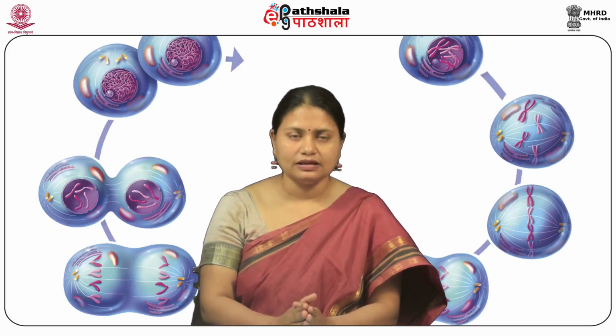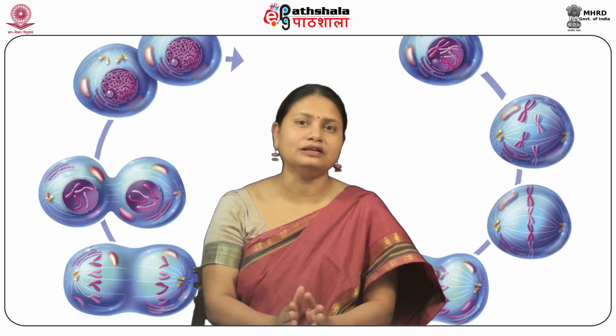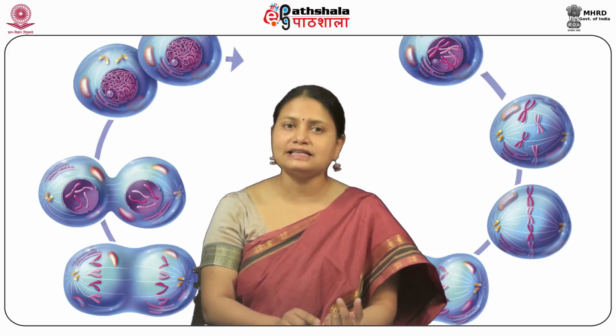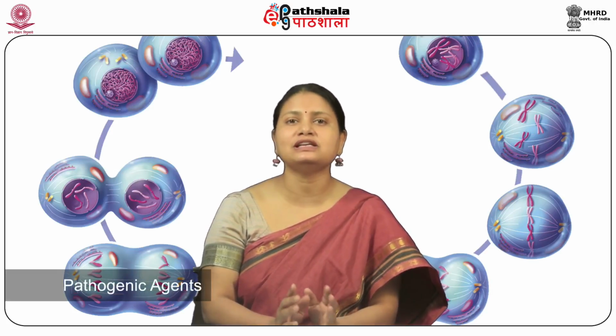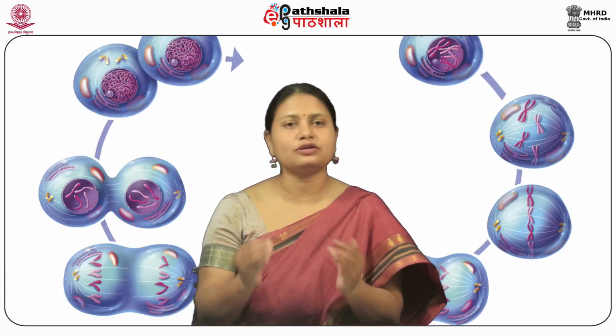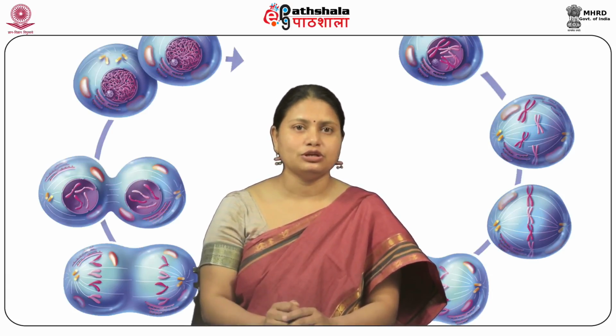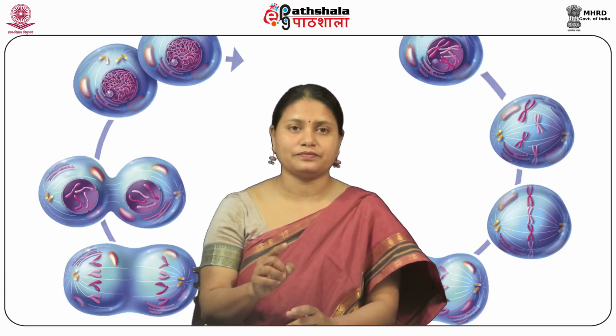So students, let us summarize what we have learned in this module. Firstly, a vaccine is a preparation of pathogenic agents or their constituents that is administered into the host to elicit immune responses.